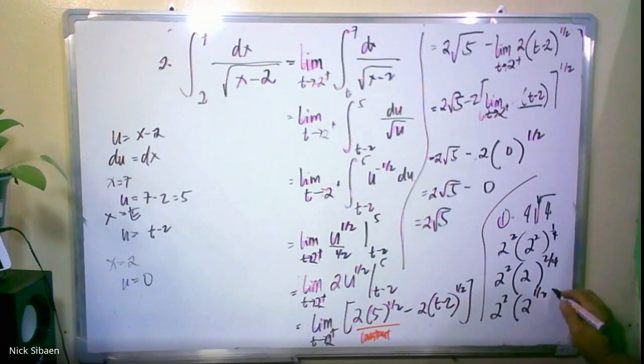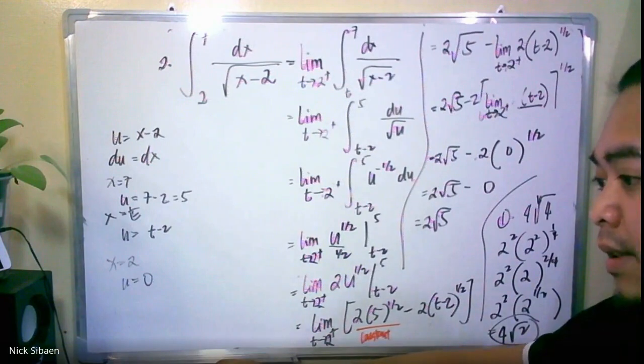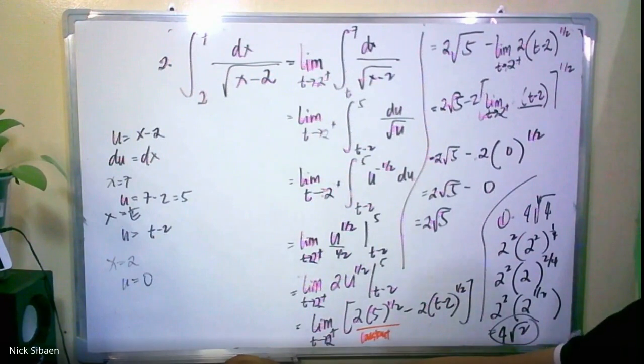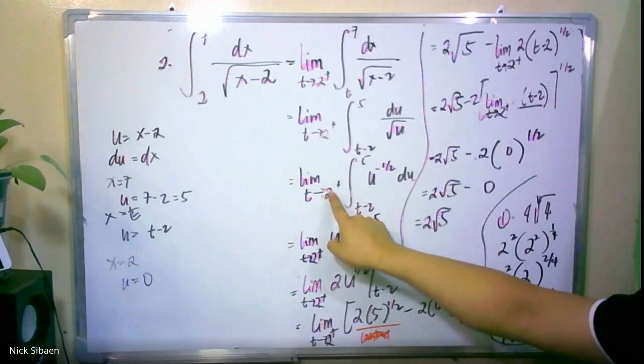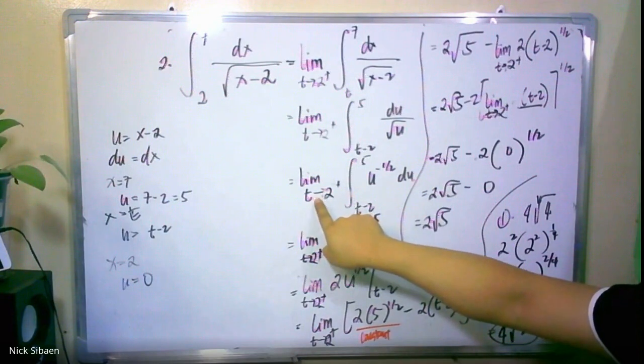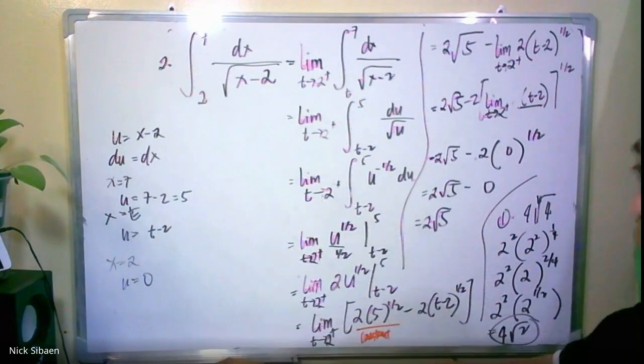So this is 4. Ay, tama naman. 4 square root of 2. 4 square root of 2. Or that is just the sigma square root of 2 raised to 5. 4 square root of 2. Tama yung ginawa natin nung una. Hindi natin pinapalitan ito. It's just the same.